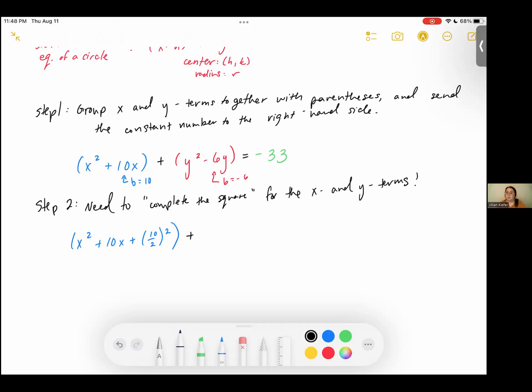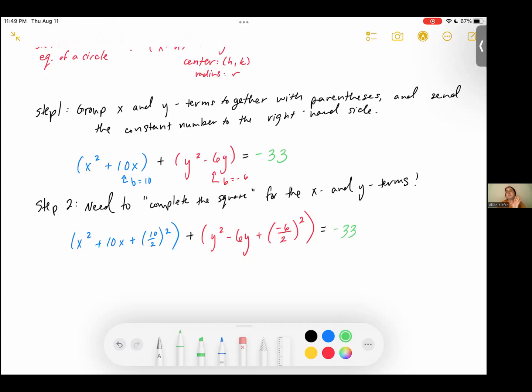Then we're doing the same thing with our y values. We've got y squared minus 6y. And we're adding our strategic constant. We are adding b, which is negative 6, divided by 2 squared. Now we can't forget that negative 33 is at the end here.